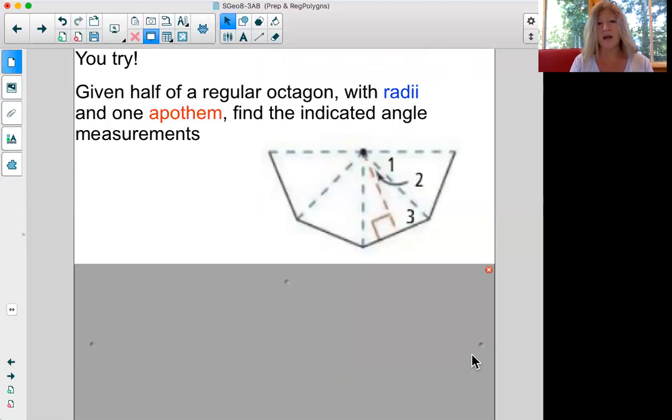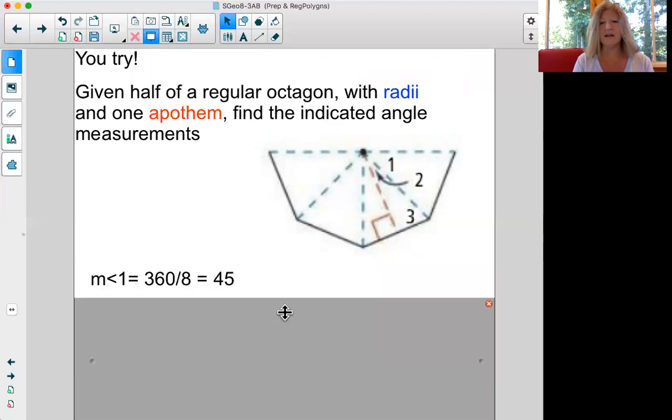So now you try. Pause the video and find the measurements of the central angle, angle 1, the angle 2, and angle 3. So notice this is half of an octagon. If the whole octagon was shown, then you would take 360 divided by 8. Then again, you can see this is half of the shape, so you could also do 180 divided by 4.